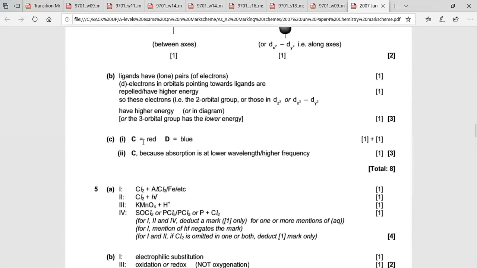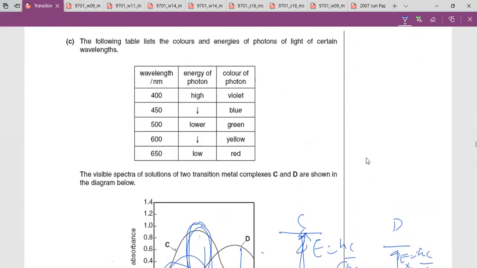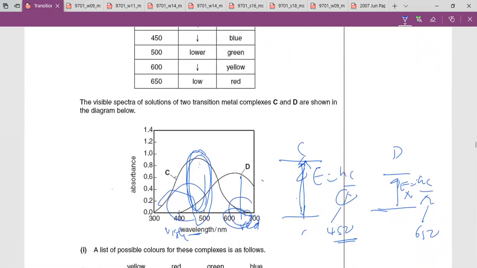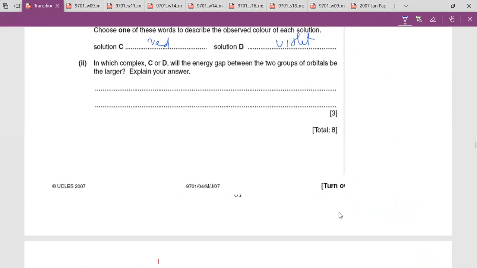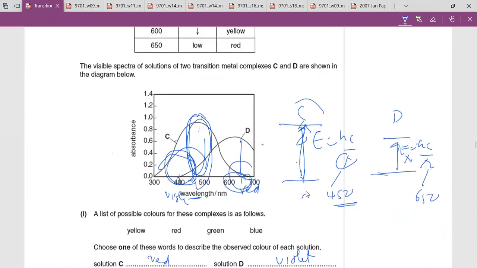See? Red, blue, they want blue. C absorbs at a lower wavelength, isn't it? This one, they want blue. Actually, violet should do. They want blue, 450, right here. Never mind, deep blue. C has the bigger split and the smaller wavelength.